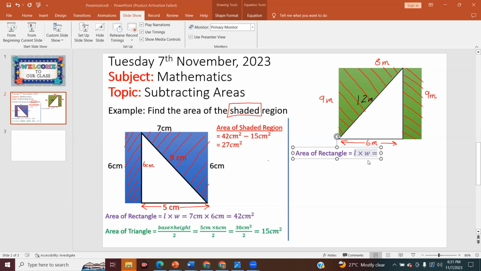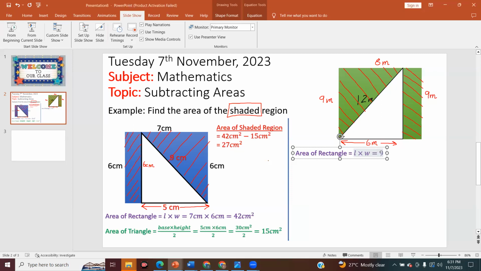8 meters times 9. All right, so you can do length times width. What is the length? 8. You sure? Remember, the length is the longest side. 9. 9 meters. Good.